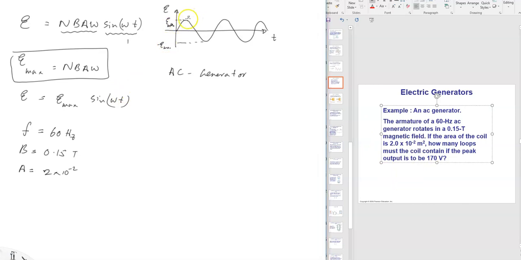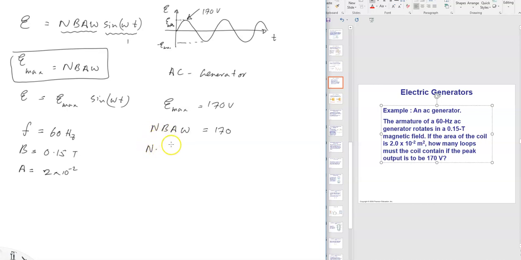That means this peak over here needs to be 170 volts. That means E max has to be 170. So NBA omega needs to be 170. How many loops? That's the question.